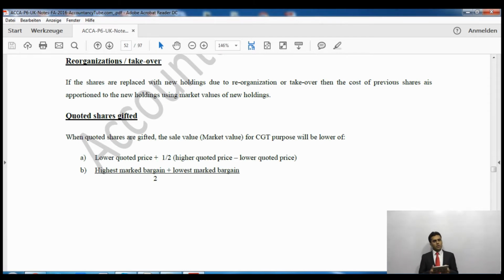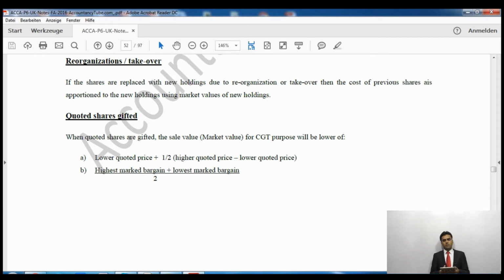Now we'll calculate the cost of the new shares according to the shares we already had, and we'll check the market price of the new shares as well. By doing that, we'll see the actual cost of the new shares and the number of new shares as well.